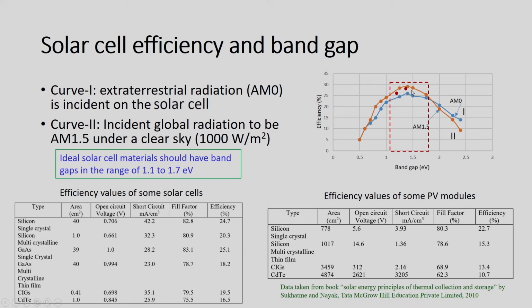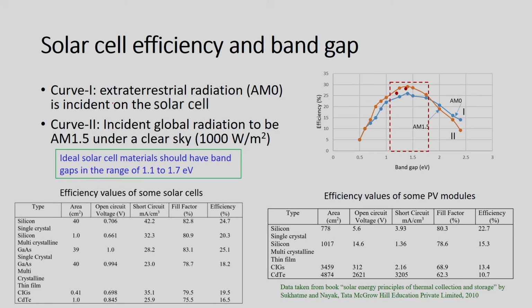Now, let us see how solar cell efficiency and band gap are related. In this figure, two curves are considered. One curve is generated under the spectrum of AM 1.5 and another under the spectrum of AM 0, which is the extraterrestrial region.